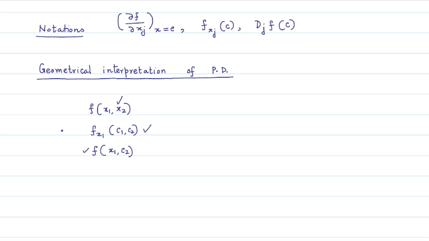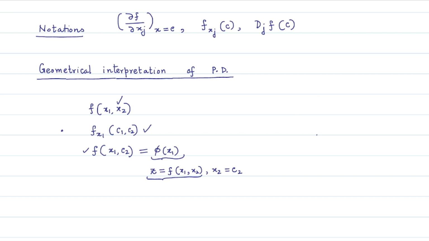We notice that this function, say phi of x1, is obtained by taking the intersection of z equals f(x1, x2) and x2 equal to c2. Geometrically, z equal to f(x1, x2) is a surface in the 3D space.